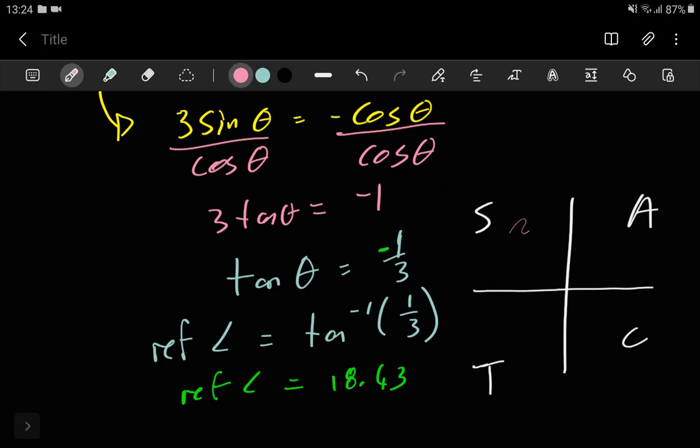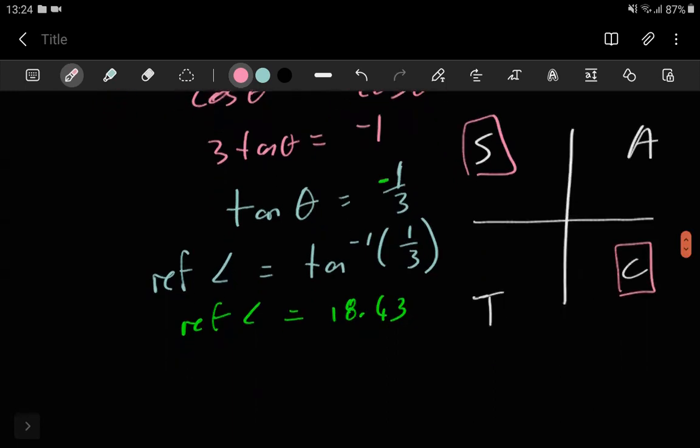Tan is negative over here, and tan is negative over there. So you know you need to work in the quadrant 180 minus your reference angle, and in the quadrant 360 minus your reference angle.